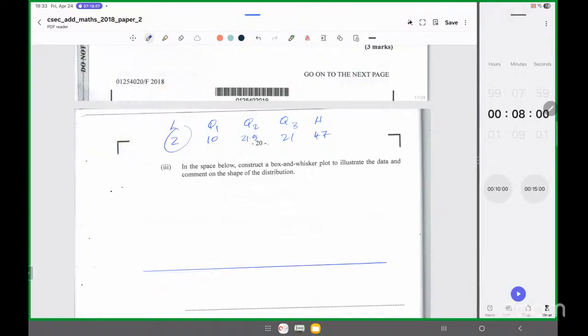I'm going from 2 up to 47, so you can put intervals of 5: 0, 5, 10, 15, 20, 25, 30, 35, 40, 45, 50.